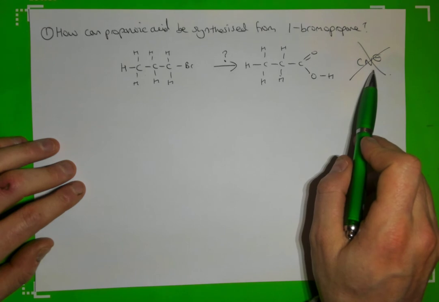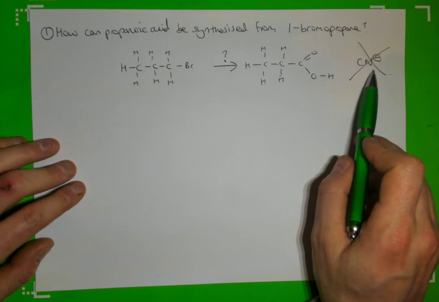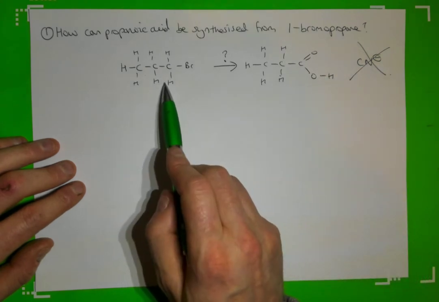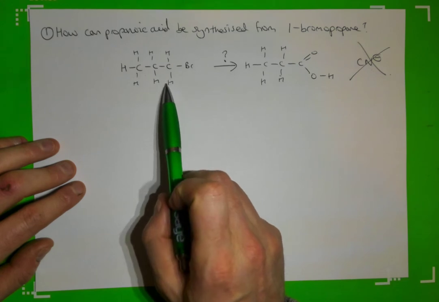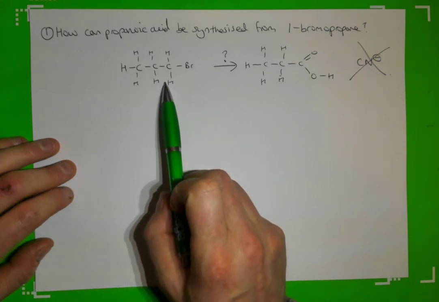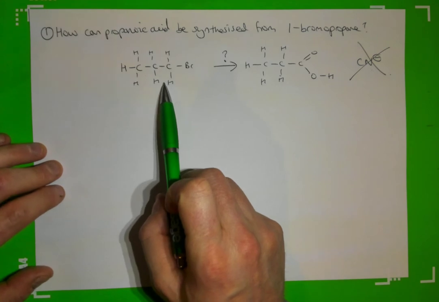So the first thing we need to do is to write down all the compounds which can be made using just one step from 1-bromopropane. So let's do that.